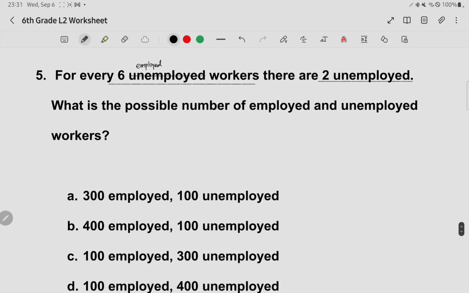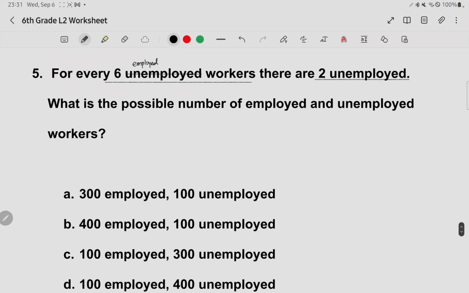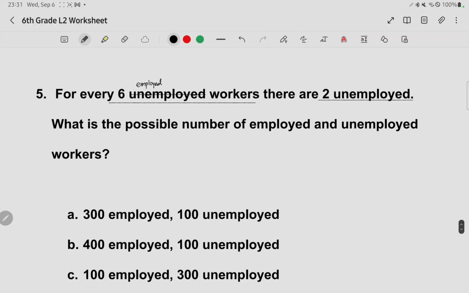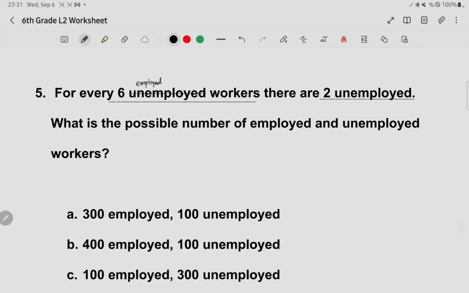Okay, yeah, that makes more sense, I guess. So for every 6 employed workers, there are 2 unemployed. What is the possible number of employed and unemployed workers?